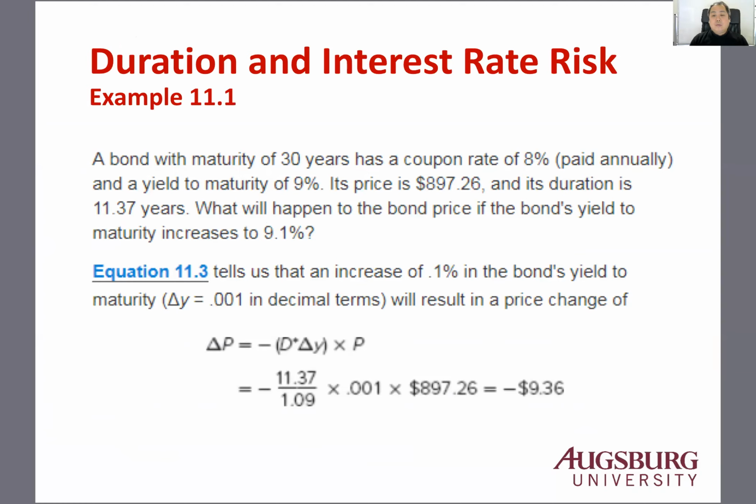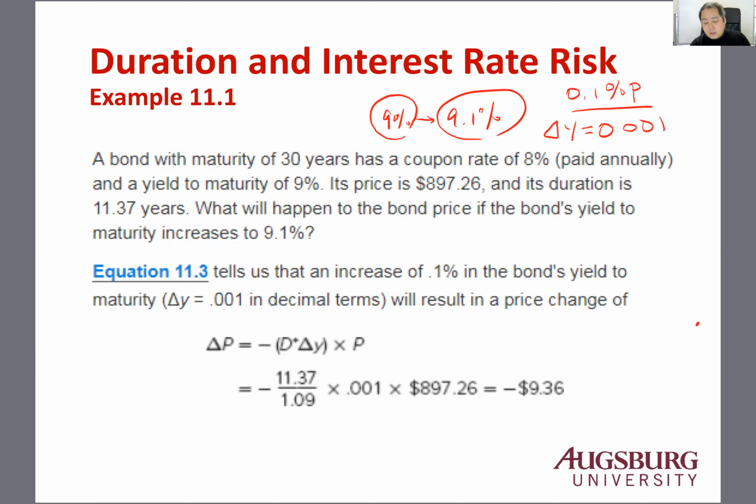What will happen to the bond price if the bond yield to maturity increases to 9.1%? That is an increase from 9% to 9.1%, a 0.1 percentage point increase, which means delta y equals 0.001.